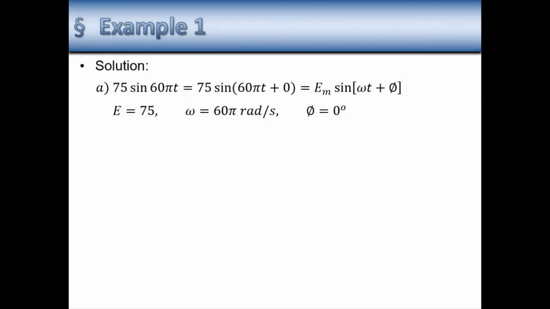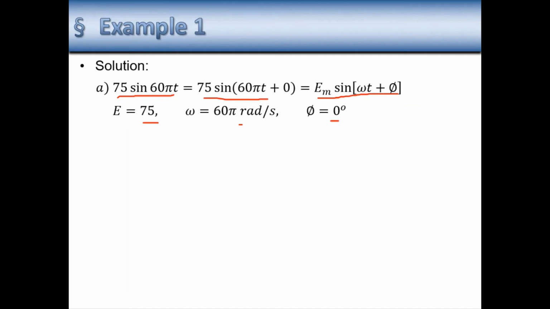For letter A, we put it in a form similar to the general form that we have discussed a while ago, and we simply compare, and we can conclude that our amplitude here is 75, omega is 60 pi radians per second, and the phase angle is 0.